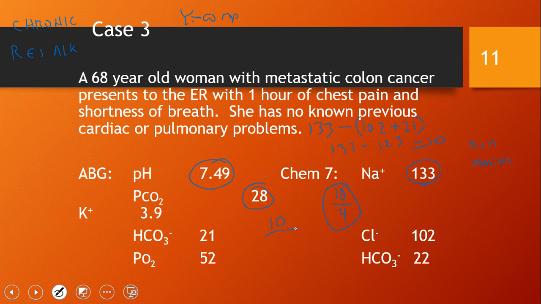Let me check real quick. Oh yeah, no, this is alkalosis. So in alkalosis, it could be a change of 1 or 2 on this number. So this top one changed 8, and the bottom one changed 3, and so that's pretty close to 8 to 4. So that's pretty close to a 2 to 1 or a 1 to 2.